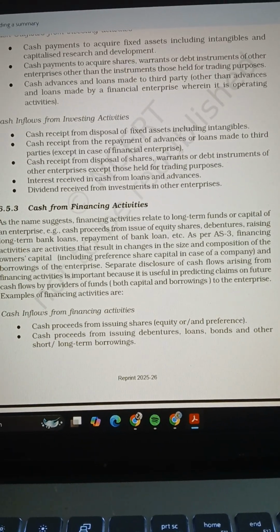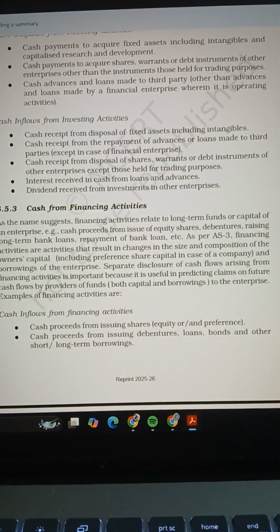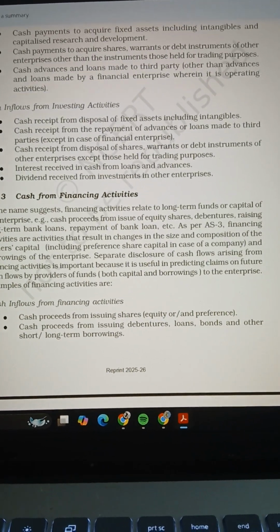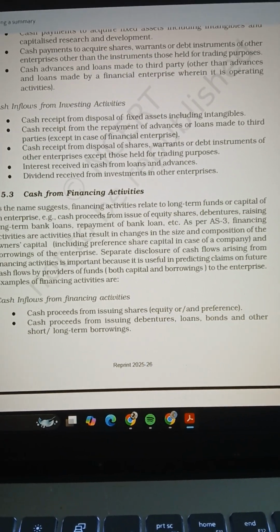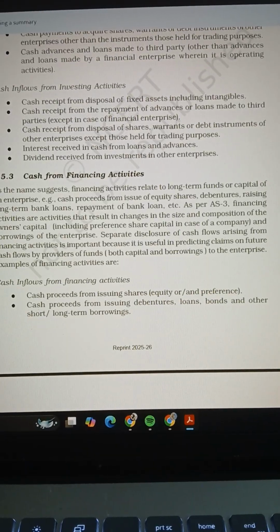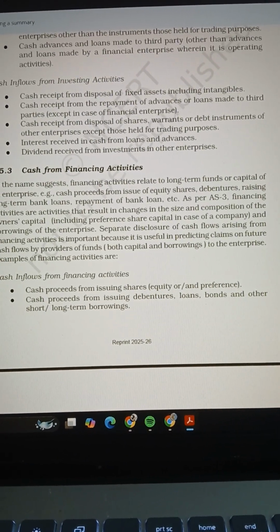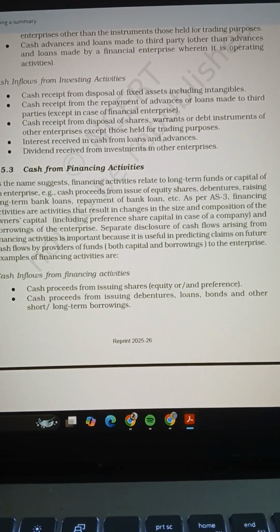Cash receipts from the repayments of advances or loans made to third parties, except in the case of a financial enterprise. Cash receipts from disposal of shares, warrants or debt instruments of other enterprises, except those held for trading purposes. Interest received in cash from loans and advances. Dividend received from investments in other enterprises.